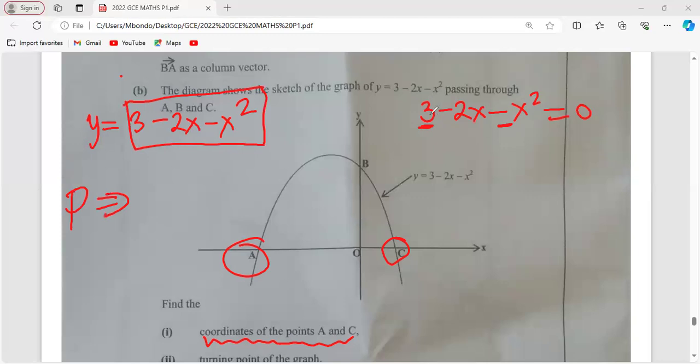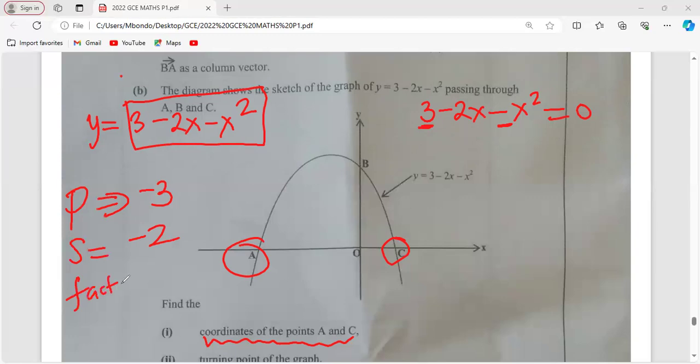So we get -3. That is our product. Then our sum is -2. We just get the coefficient of the variable that is not squared, so that is -2.